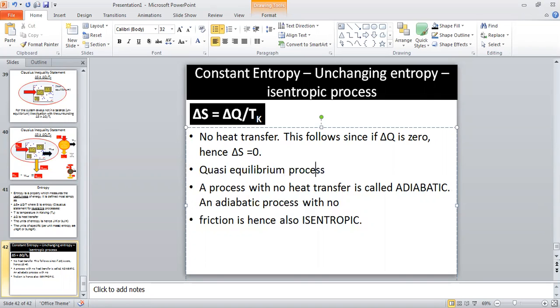We call this reversible: a reversible process with no friction.